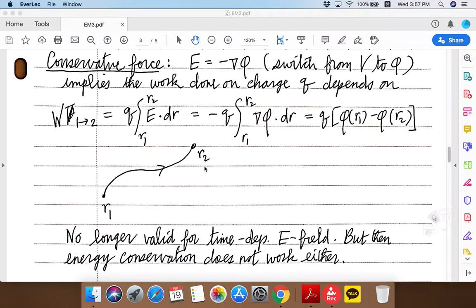Okay, but of course this substitution of the gradient of the potential for the electric field only works if the entire situation is time independent, and this substitution no longer applies when things become time dependent.